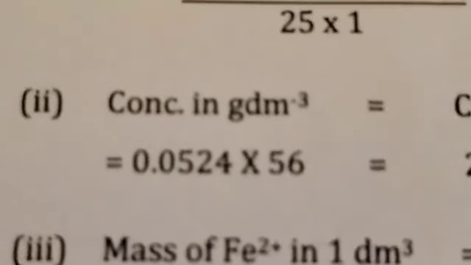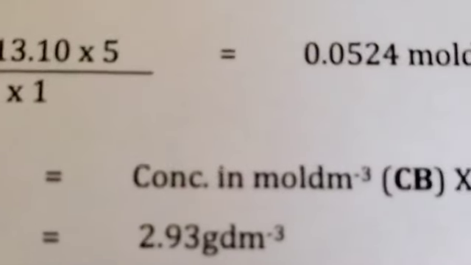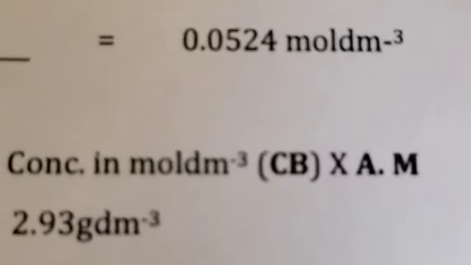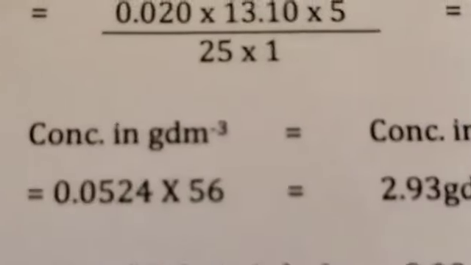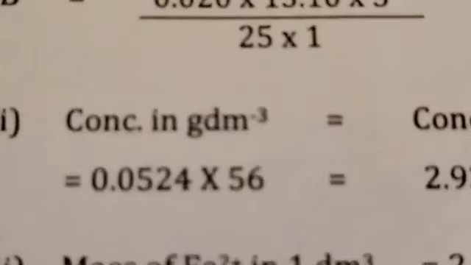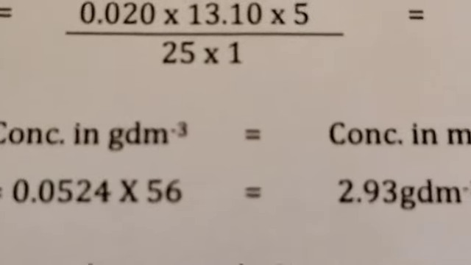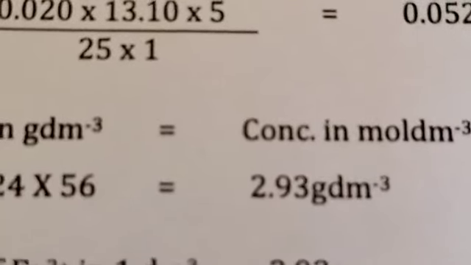So the concentration in gram per dm cube is given by concentration of B, that is in mole per dm cube, times the atomic mass of iron. So making substitution, our CB is 0.0524. The atomic mass of iron is 56, and that gives us 2.93 gram per dm cube.